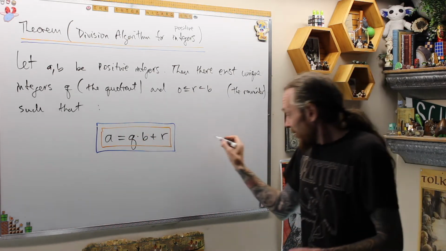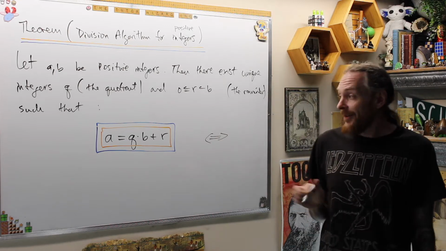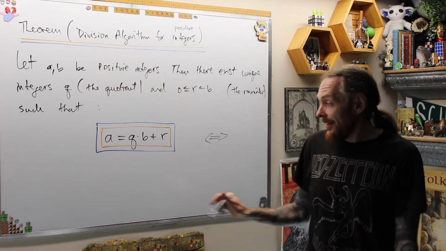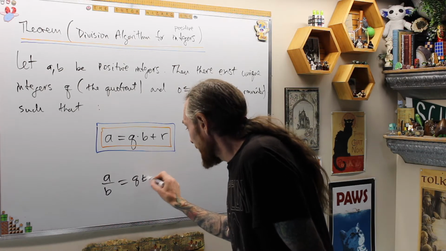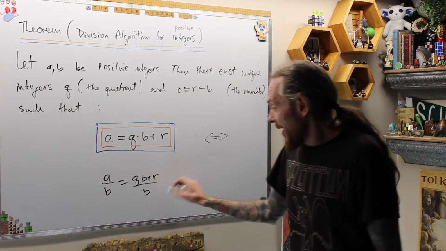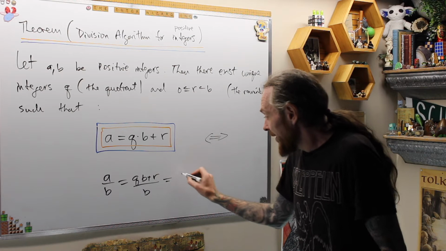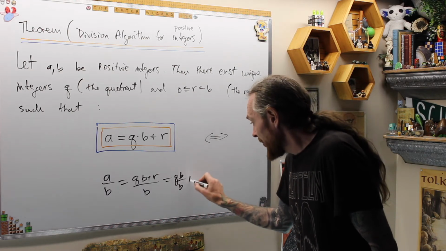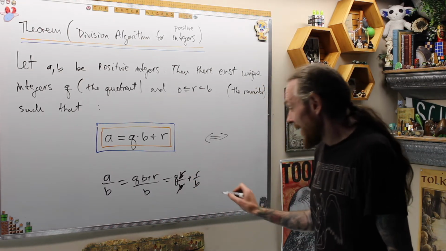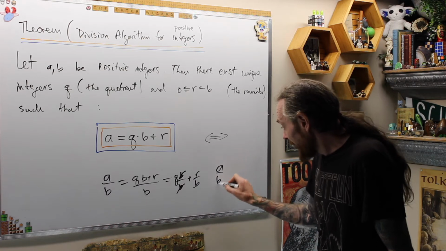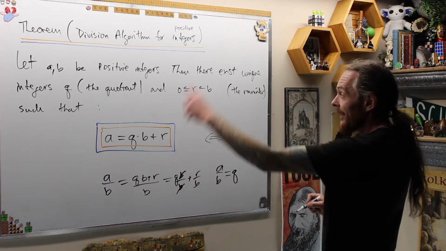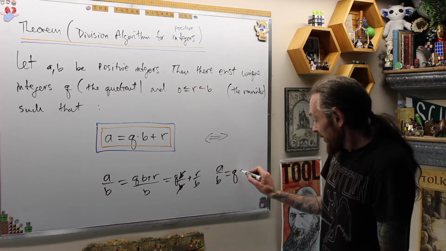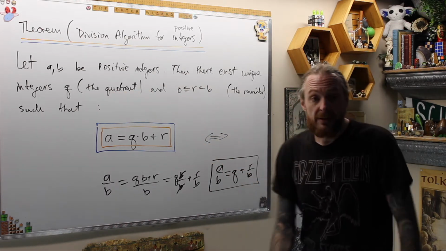What does this also do for us? If I'm dividing b into a, this says a over b will equal qb plus r over b. Then I can distribute the denominator into both terms, so this is qb over b plus r over b. Cancel, cancel. This tells us a over b can be written as a whole integer q plus a proper ratio of two integers.